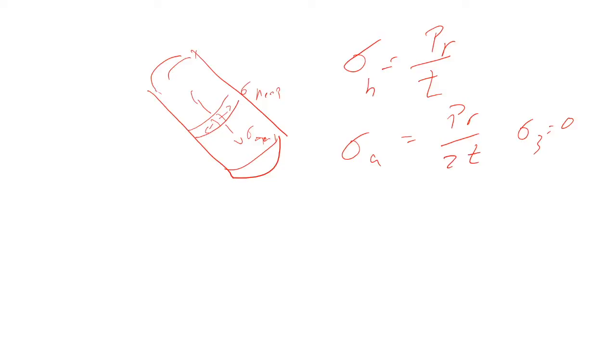The hoop stress is the pressure times the radius of the vessel divided by the thickness of the wall. These are for thin walls, right? So the thickness is small compared to the radius.